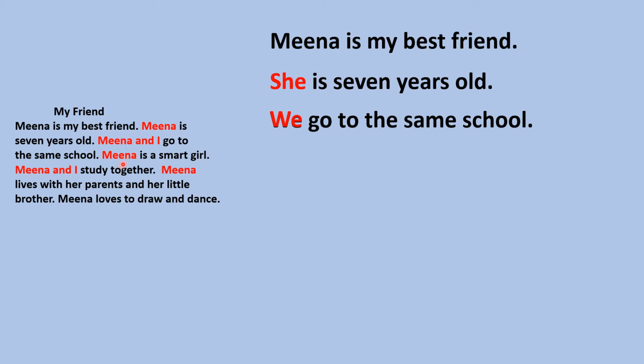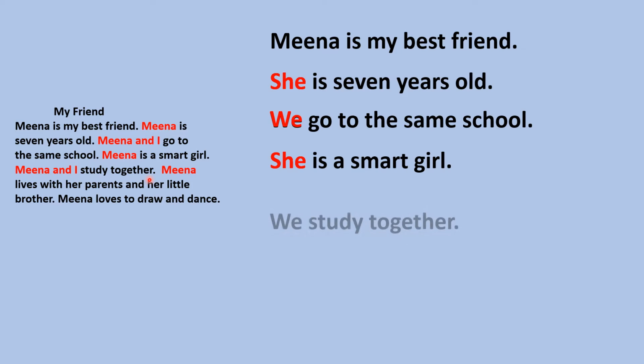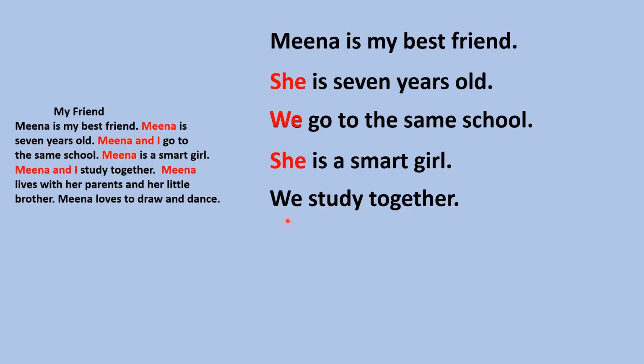The next sentence, Meena is a smart girl. Instead of writing Meena again, you can use the word she. She is a smart girl. Meena and I study together. Again, when it says Meena and I, you can use the word we.